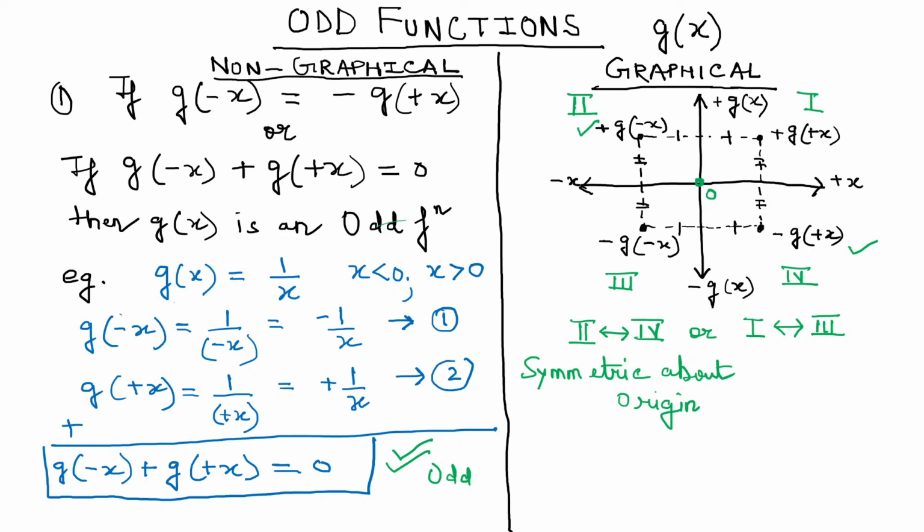Whatever I have in this quadrant, the first quadrant, if there is symmetry in the third quadrant, that means the function is an odd function, and vice versa. So are all odd functions symmetric about origin? Yes. Is any function which is symmetric about origin an odd function? Of course. So this is a very, very important conclusion, and I hope you will be able to take this learning to the next level.